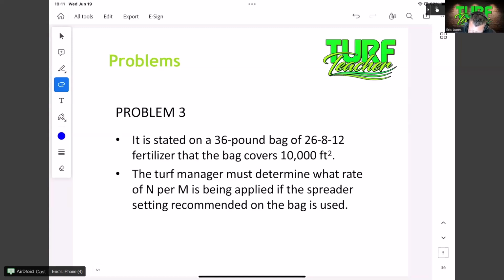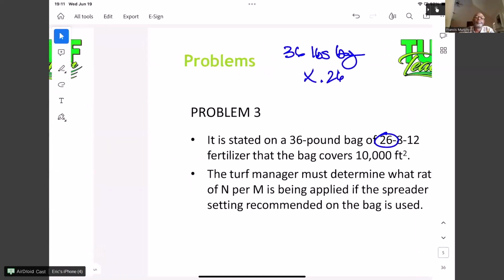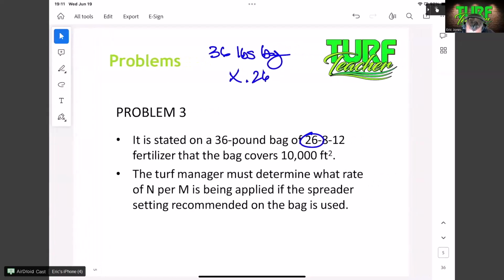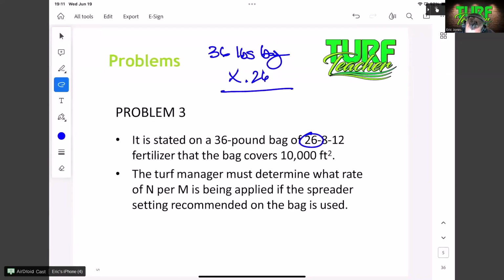So we have a 36-pound bag, and we got the 26 there, times 0.26 gives us, oops. We multiply that, we've got 9.36 pounds of nitrogen per bag.